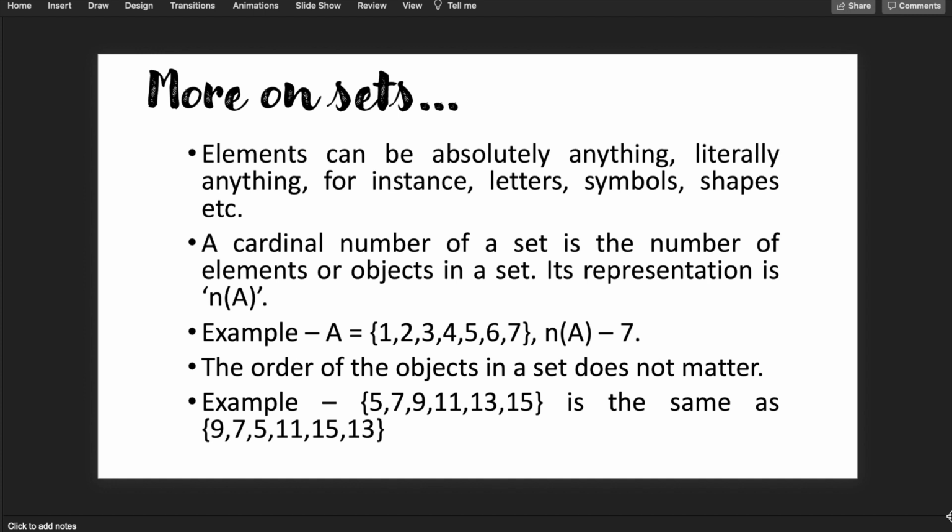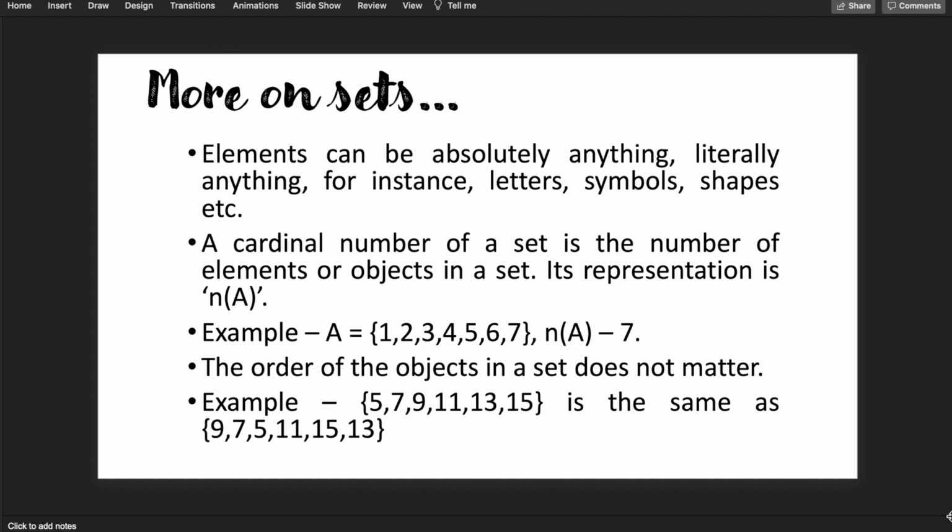Okay, moving on. An example of the order not mattering is that this example shows that 5, 7, 9, 11, 13, 15 is the same as 9, 7, 5, 11, 15, 13, since they have the same elements, but they aren't in the same order.